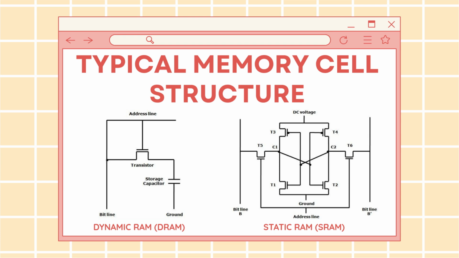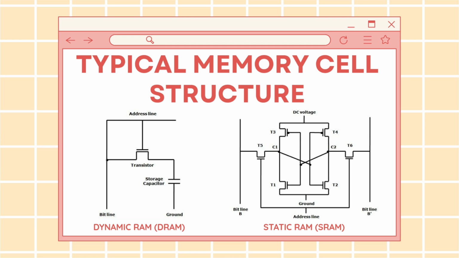The transistor simply acts as a switch. When the address line is activated, the switch closes, allowing data bits to be written into or read out of the storage capacitor. Because capacitors naturally leak charge over time, this cell requires constant refreshing to keep its data.